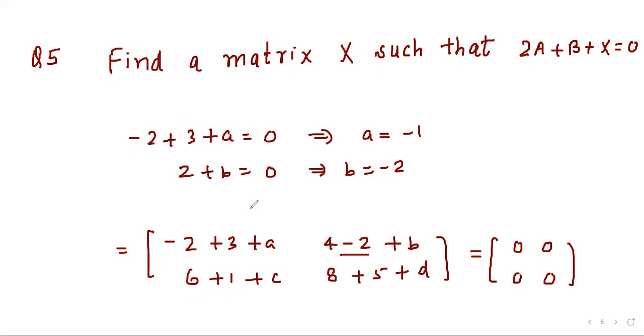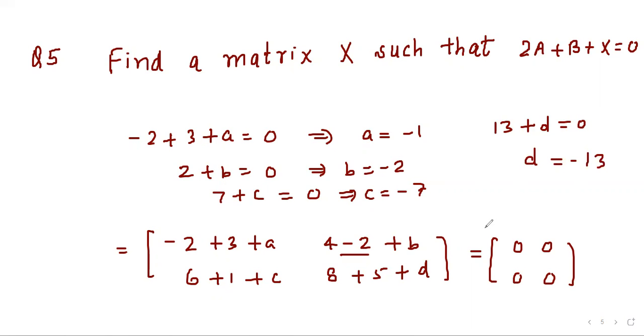From here, 7 plus c equal to 0, that gives c equal to minus 7. And this is 13 plus d equal to 0, from where we get d equal to minus 13. And then we can write the value of X. We have taken X as a, b, c, d, so we can put these values.